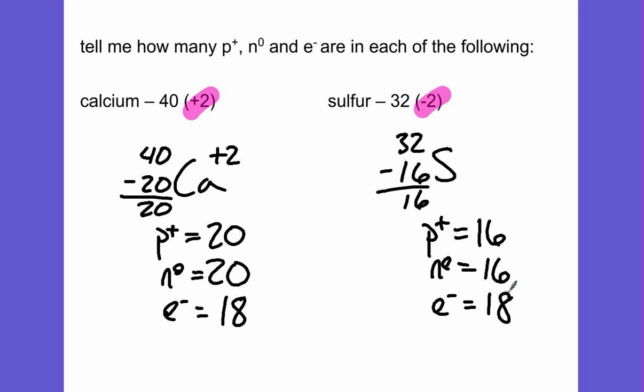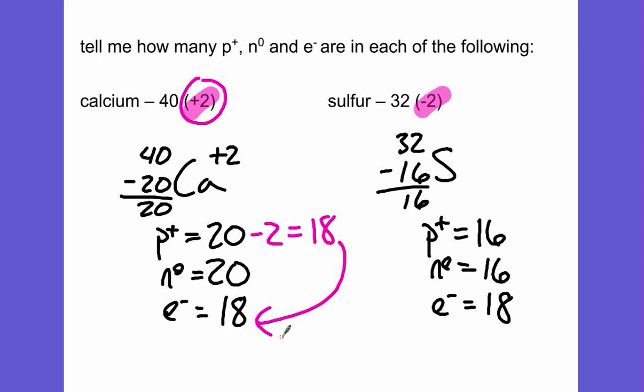If you want, in order to come up with that answer, just like you subtract the 40 and 20 to get 20 neutrons for calcium, you can just do the opposite of what that sign says. So my calcium charge was a +2. Since it said +2, subtract 2 from your protons, and that would give you the appropriate number of electrons.